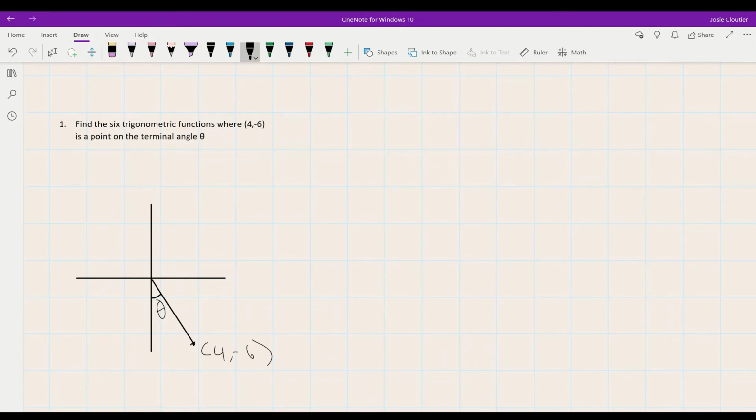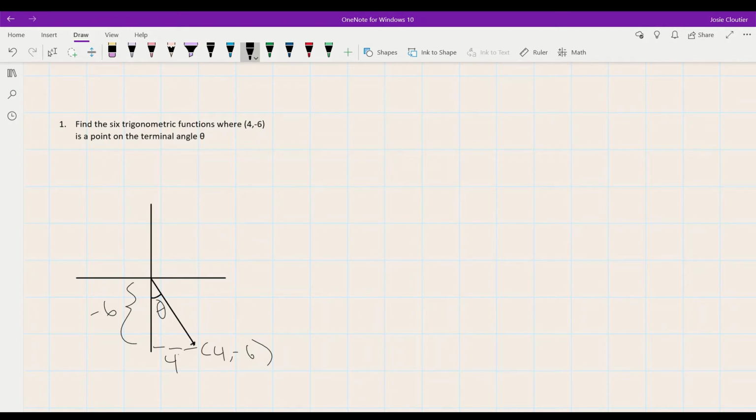So we know the components of this angle: it is 4 units on the horizontal axis, so this line right here, if we were to connect it to make a triangle, would be 4. And this line right here would be negative 6, the y component. So we have the first two sides of our triangle.